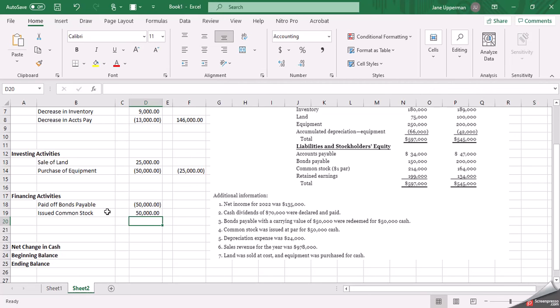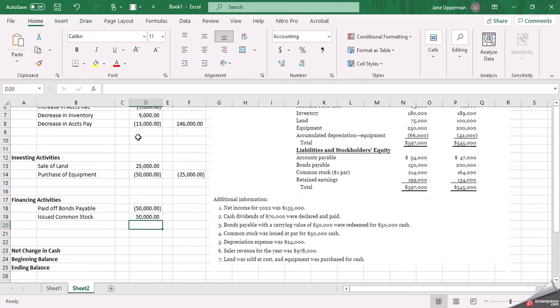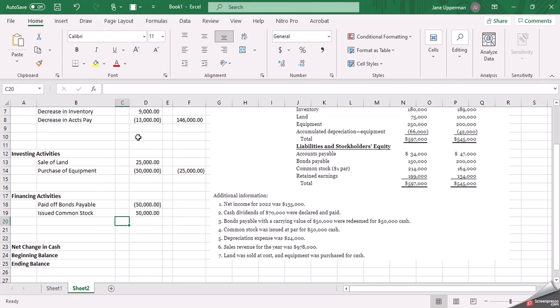Okay, then that is it, because then our retained earnings, well, no, that's not completely it. Our retained earnings, we don't look at the change, we focus on the cash dividends, because the change in our retained earnings is our net income less our cash dividends, but we've already started with our net income, so that part's already included. So the only thing we have to cover is our cash dividends.